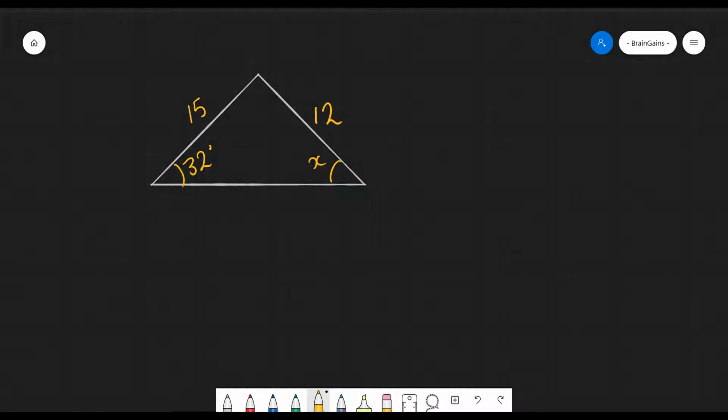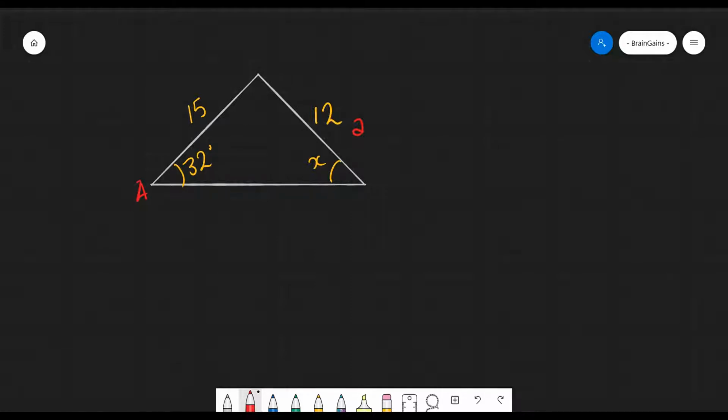Now that we've covered recognition for when to use the sine rule, let's actually see how the sine rule would work. In this example, we have a triangle where we need to find the angle x. First thing we do, like always, is check if the sine rule is applicable. If we call the angle that we have angle A, then this must be side A. Because we have an angle and its corresponding side, we're able to use the sine rule.